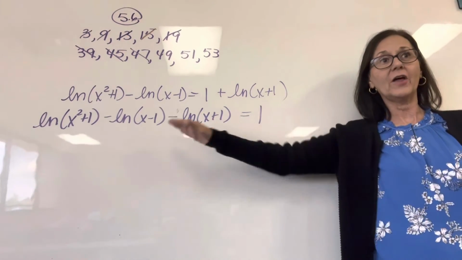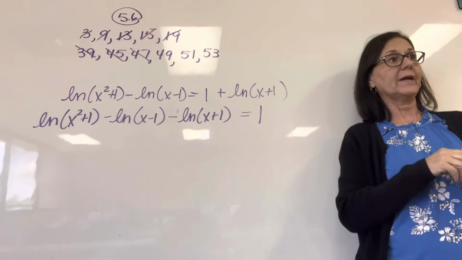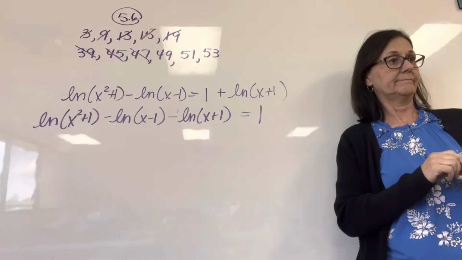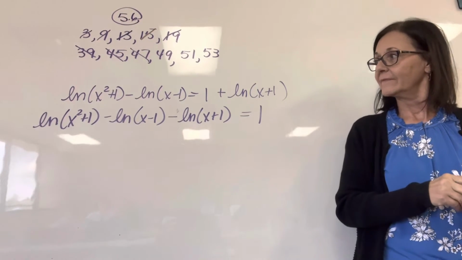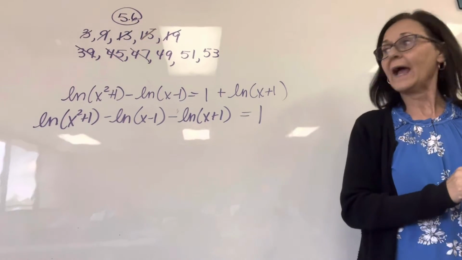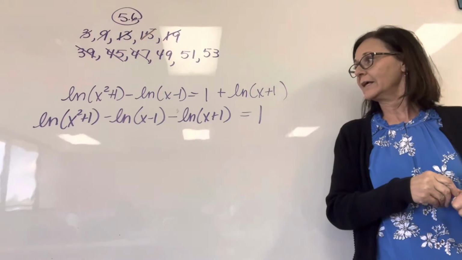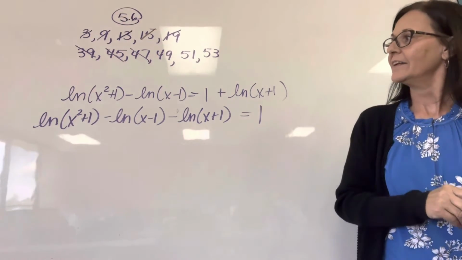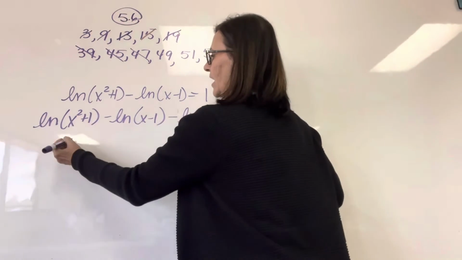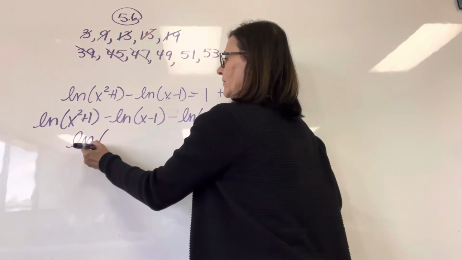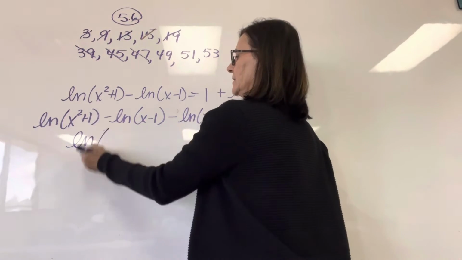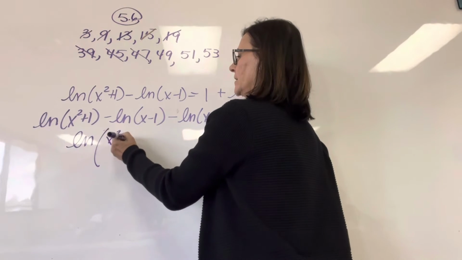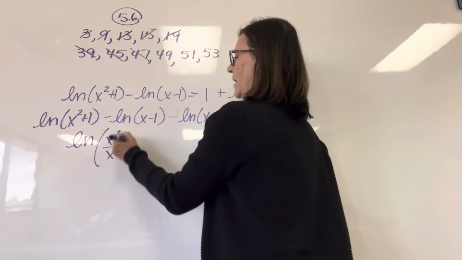Single log on the left-hand side, working left to right. Subtraction is division. Actually, no, that's x squared. So let's do that one first. I should use a big parentheses. X squared plus 1 over x minus 1.